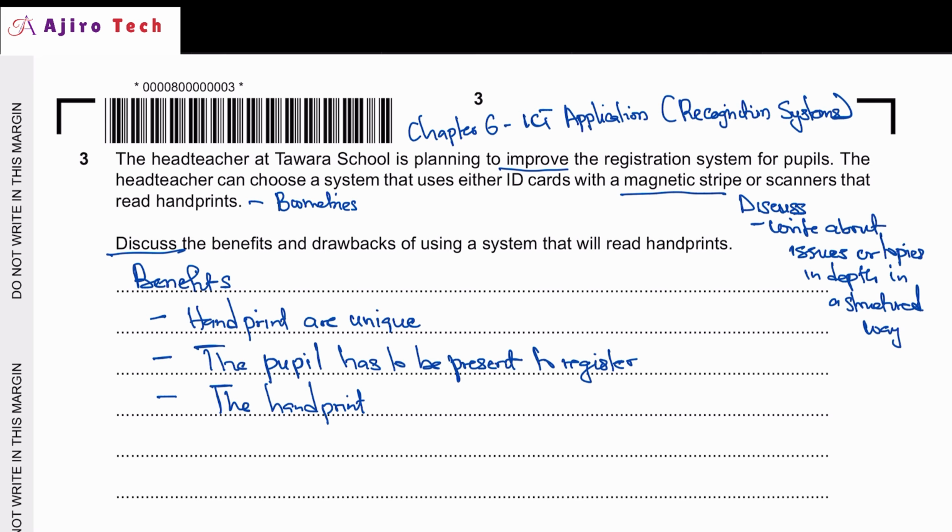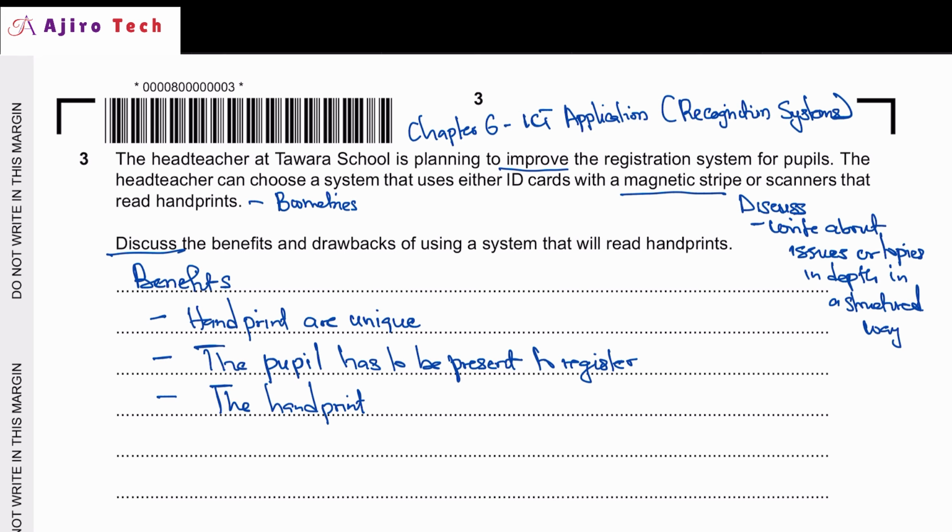I talked about the magnetic stripe. I said magnetic stripes are used for swiping to gain access to a building. They can also be used as an ATM card. Then when we talk about the scanners that read handprints, I said they are biometrics, which simply means they are unique.